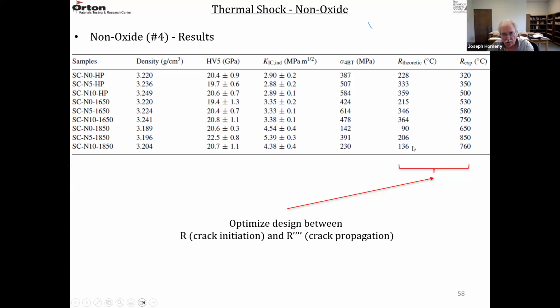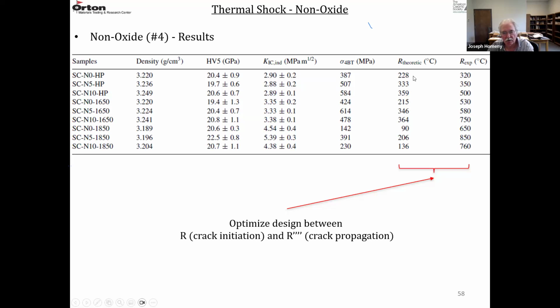So when they change the microstructure, slight annealing here seemed to increase the toughness a little bit, then annealing at the highest temperature made quite a difference. This R parameter is not really applying.